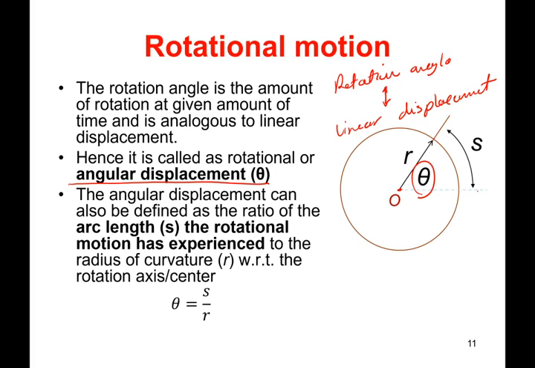The angular displacement can also be defined as the ratio of the arc length, which is the length the rotational motion has experienced, so the path this point has moved on this disk, to the radius of curvature with respect to the rotational axis.